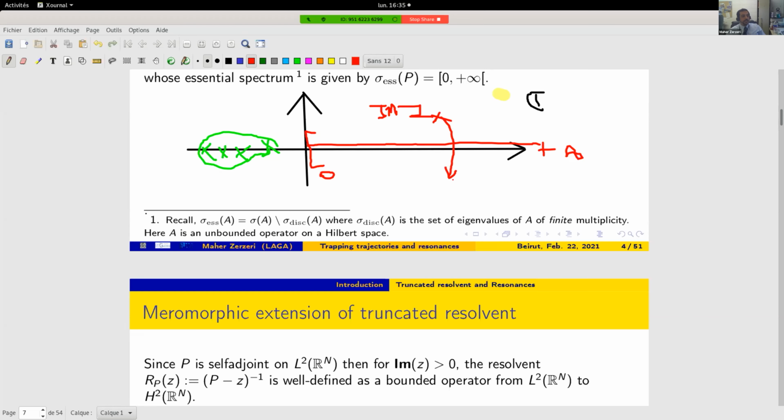Of course, if you take the Green function alone, it is not evident at all.